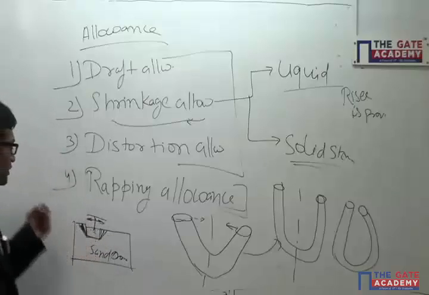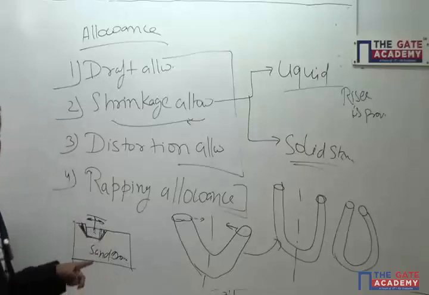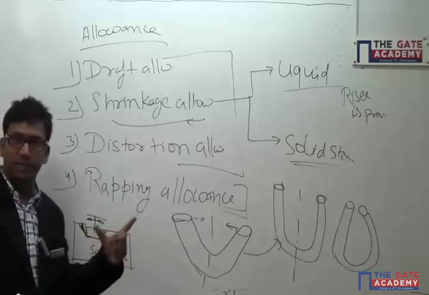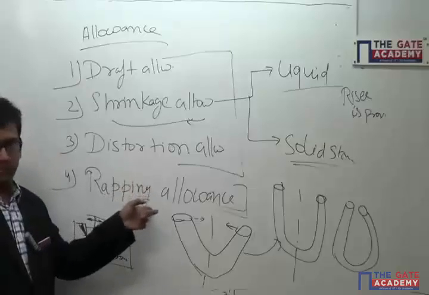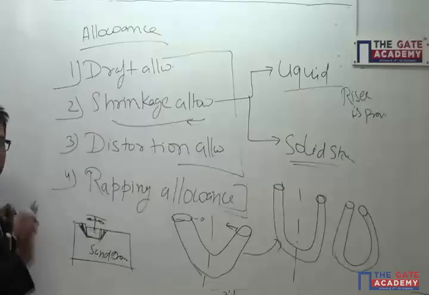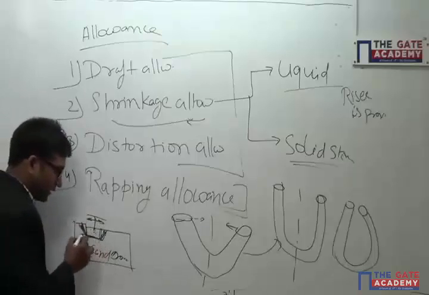Because of this increase in the cavity, which is not required, we will give some lesser material to compensate for the wrapping allowance. See, in every other process the material is less, so we are providing material. But in this process, my cavity is larger.